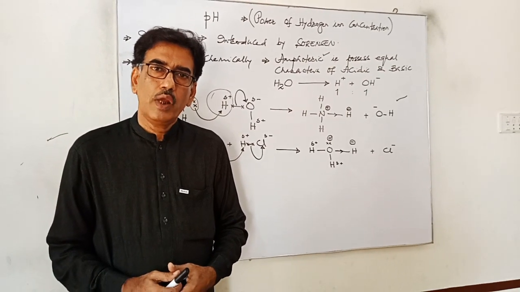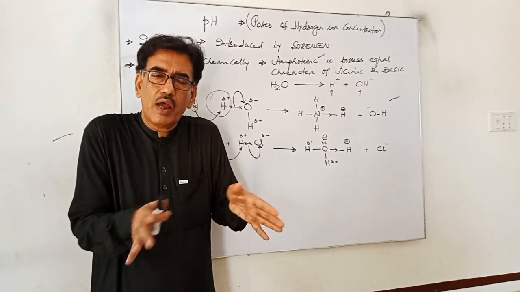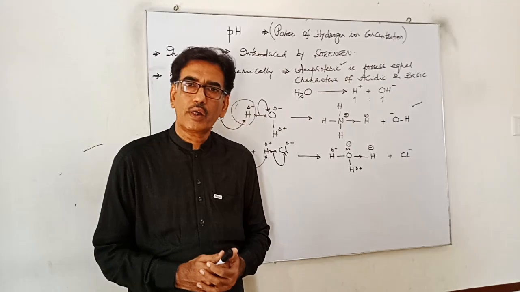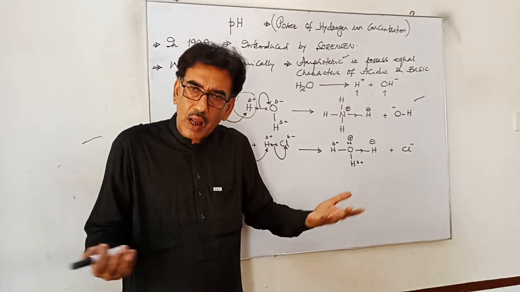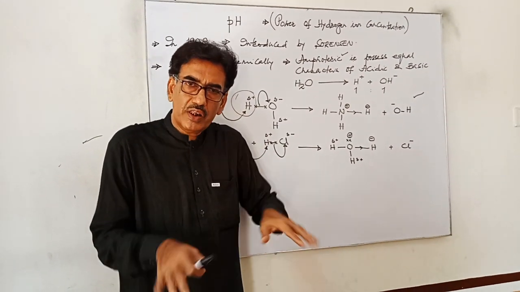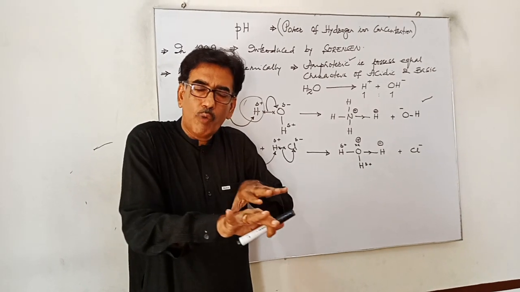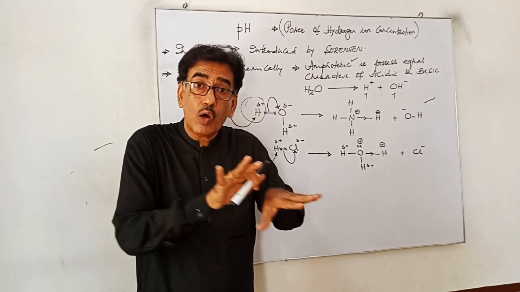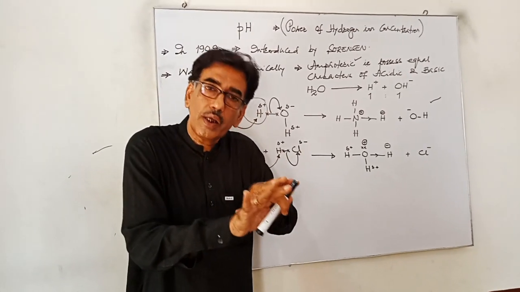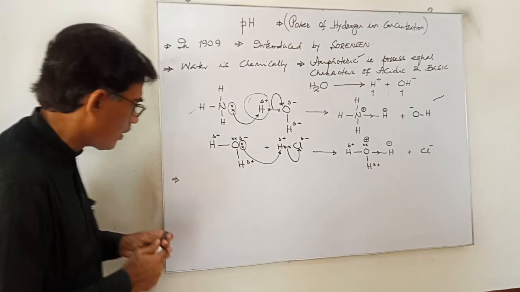No. Actually, when we have molecules of water, they are present in bulk. What happens within the water, how the molecules of water are behaving chemically, that's the most important part.